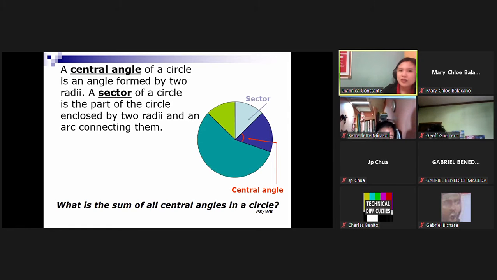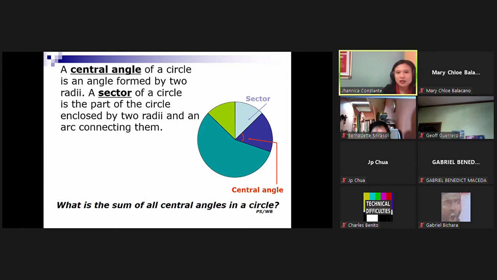And we have other parts of a circle, which is the central angle. A central angle is an angle formed by two radii, wherein the vertex is the center point of the circle. That's why it's called a central angle, because its vertex is the center point of your circle. And you also have the sector.